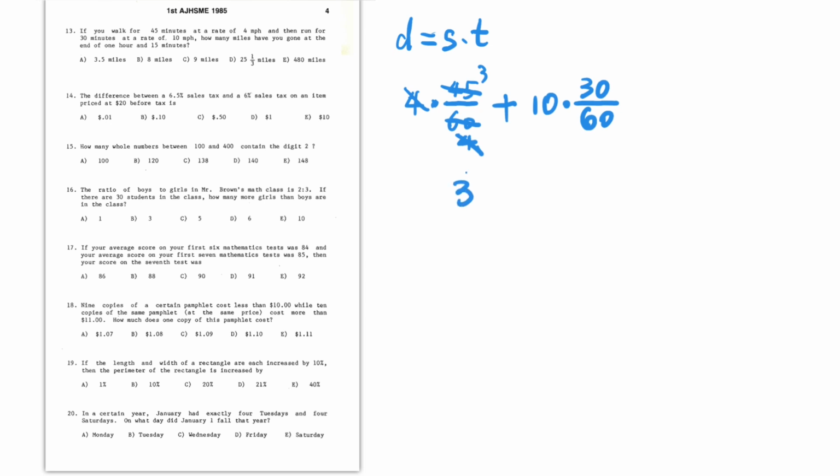The 3 plus the 10 cancels 20. Cross the 10. The 6 cancels and the 30 cancels. It's the 5. 5 times 6 equals 30. 3 plus 5 equals 8. Choice B.